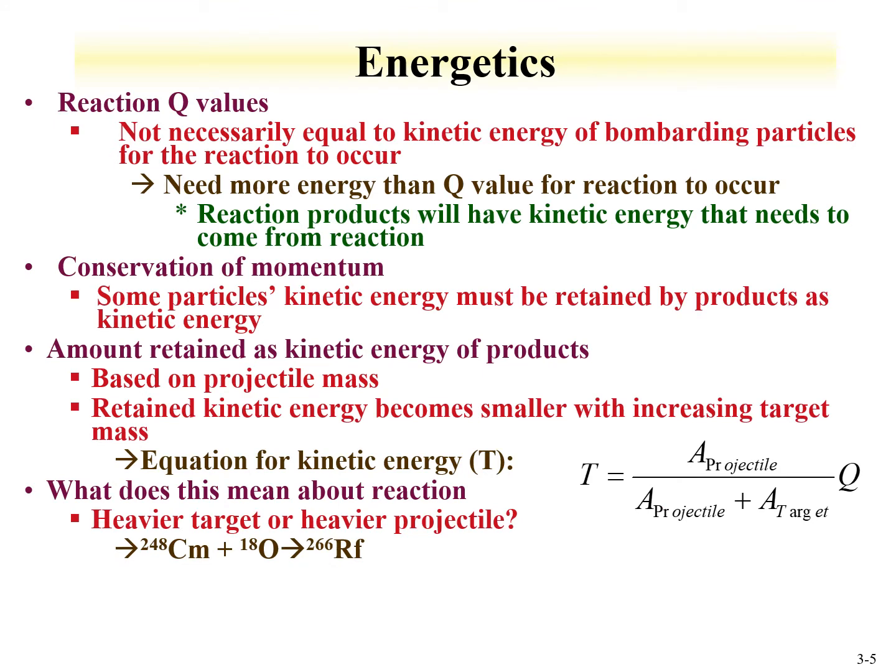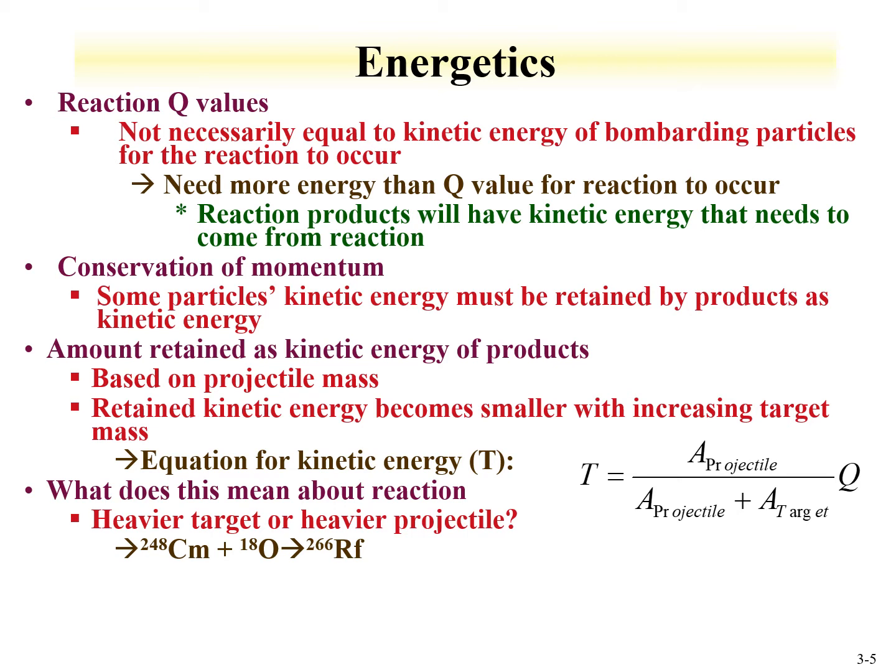Let's continue evaluating these energetics in reactions and discuss the Q value. The Q value is not necessarily equal to the energy necessary for the reaction to occur. Oftentimes, for a reaction to proceed forward, the energy will need to be greater than the Q value, because products will also have kinetic energy that needs to come from the reaction.